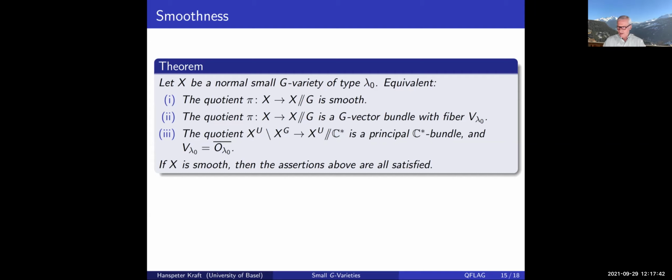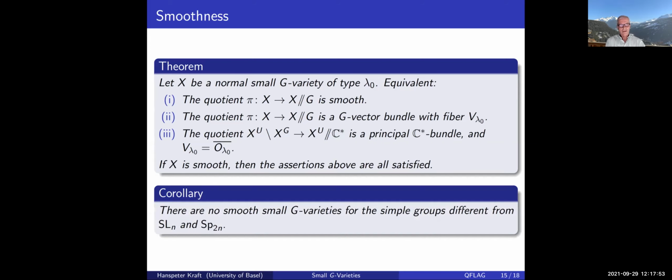So for example, one consequence is if X is smooth, then the closure of this minimal orbit O lambda naught must be a representation. So corollary: there are no smooth small G-varieties for simple groups different from SLn and SP2n. And the reason is only SLn and SP2n admit an irreducible representation which contains a dense minimal orbit.